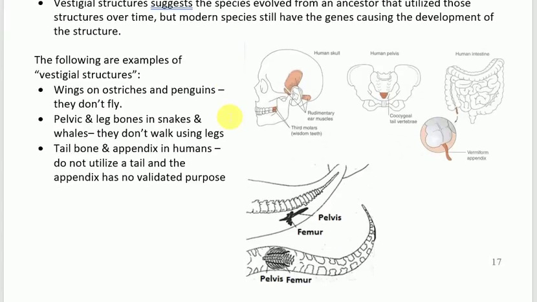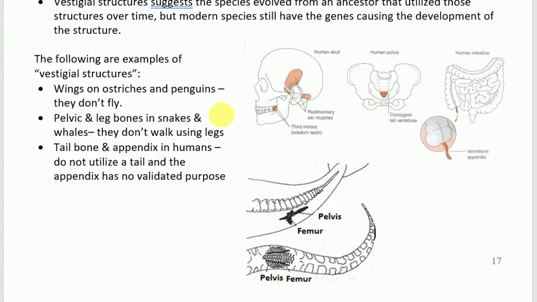So, for example, the wings on ostriches and penguins, they don't fly. So they don't really need them, but they're still there. The pelvic and leg bones in snakes and whales, so you can see here. But again, they don't walk using legs, so they really don't need the pelvis. And then the tailbone and the appendix in humans. We do not utilize a tail, and the appendix has no validated purpose at this point in time.